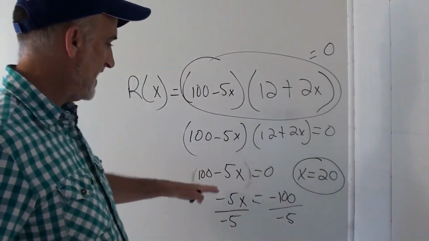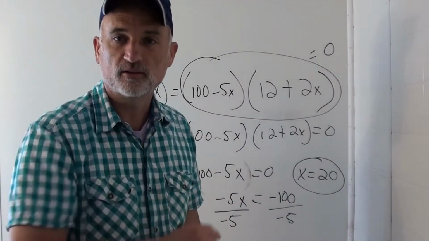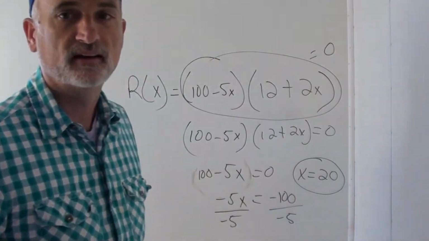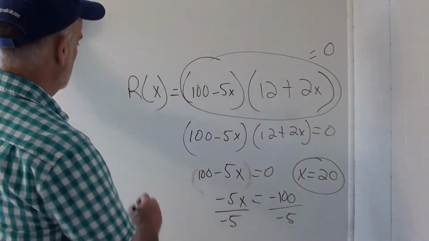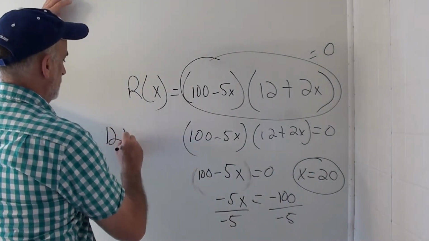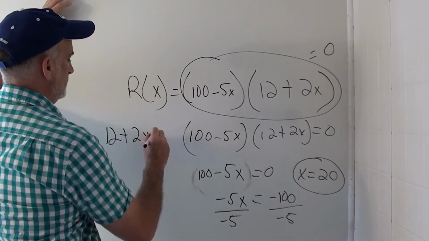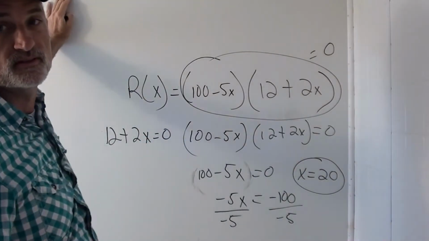Now, if I went too fast with that, you can go and look at one of my other videos to know how to solve that. Okay, so now we also got to do the 12 plus 2x equals 0.